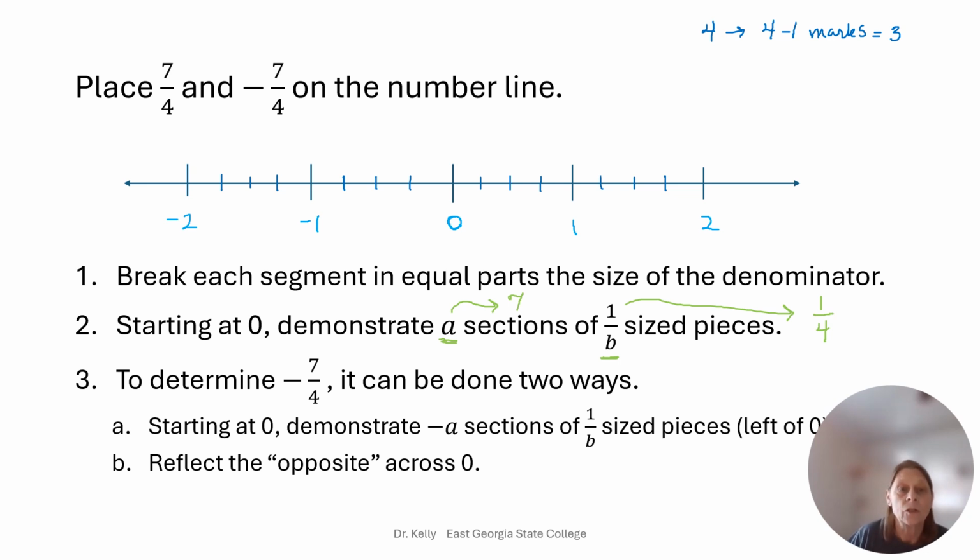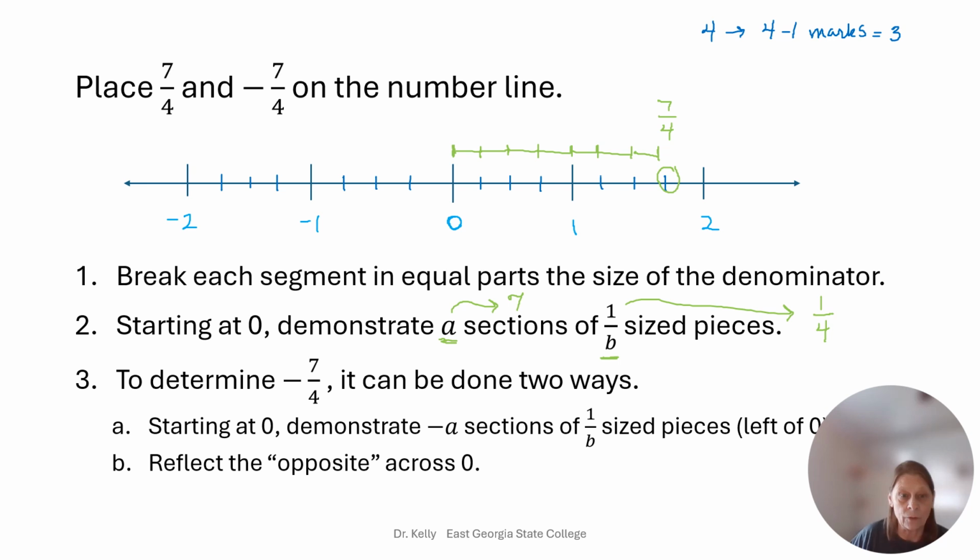So we're going to start right here and go 7 of these spots: 1, 2, 3, 4, 5, 6, 7. So right here is where we have positive 7/4 on the number line.